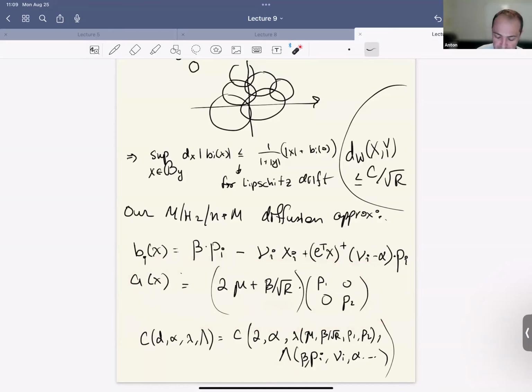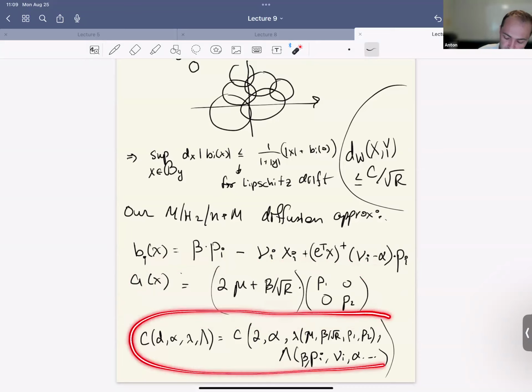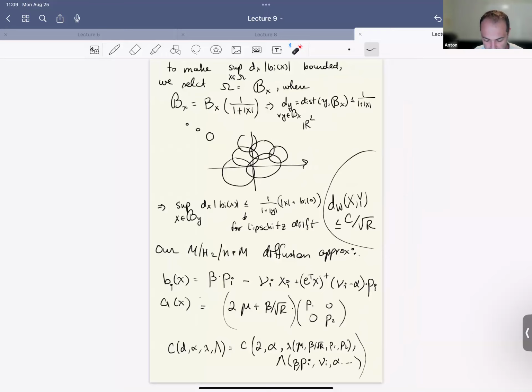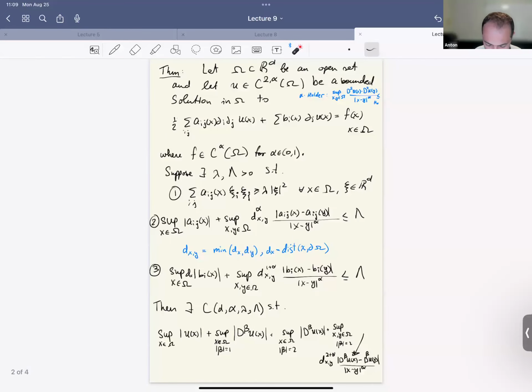But I just want to point out that if your diffusion depends on the parameters of your prelimit fully, and not in, say, some asymptotic regime, then you got to be careful about the growth of this constant. Okay. Enough said on that. I think I've almost beaten it to death.